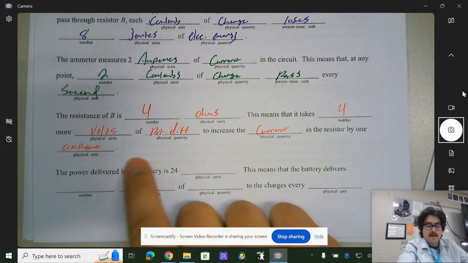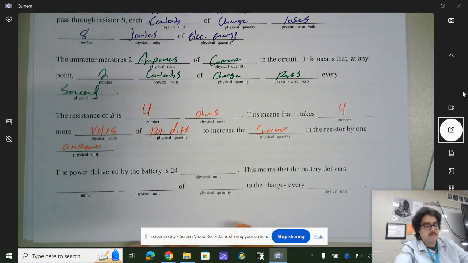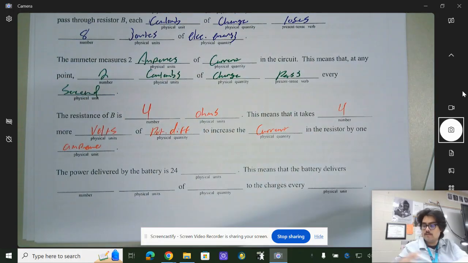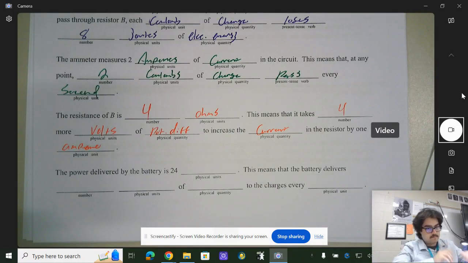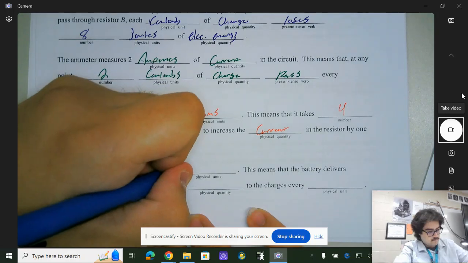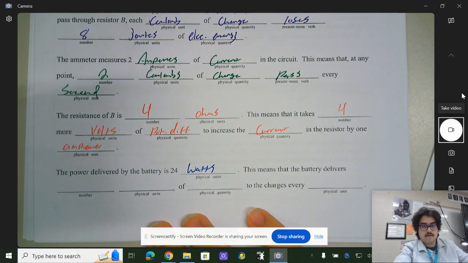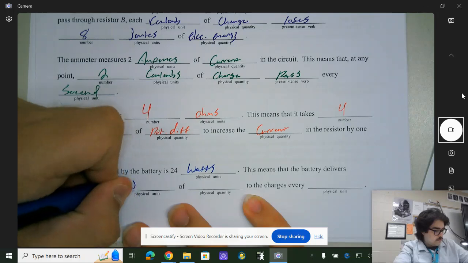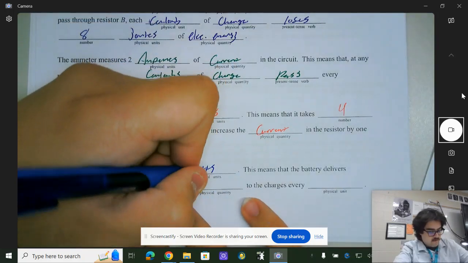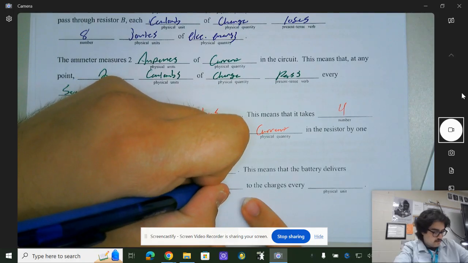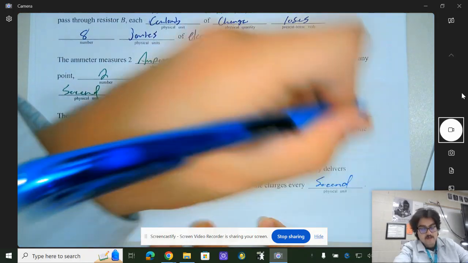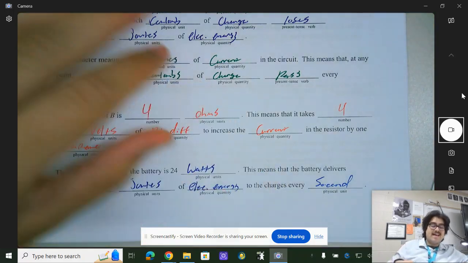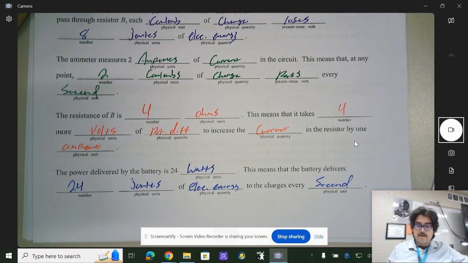The power delivered by the battery is 24 watts. This means that the battery delivers 24 joules of electrical energy to the charges every second. All right. That is batteries and EMF.